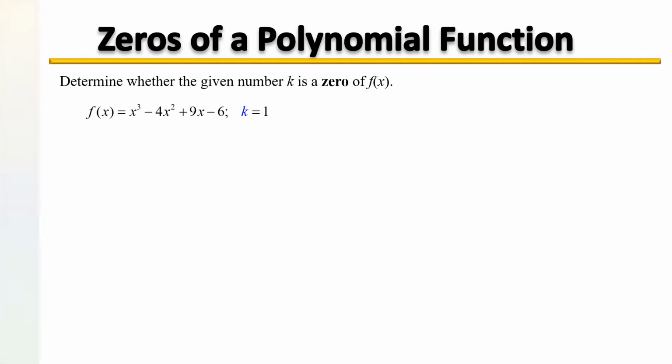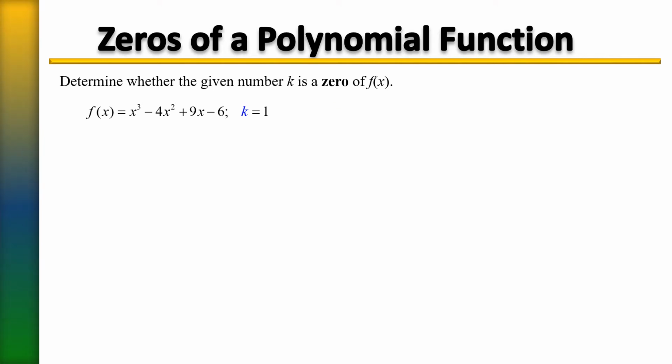Here we're given a function, f(x) equals this polynomial function, and k is 1. So we want to find out if 1 is a zero of that function. Well, you can evaluate it for that function.